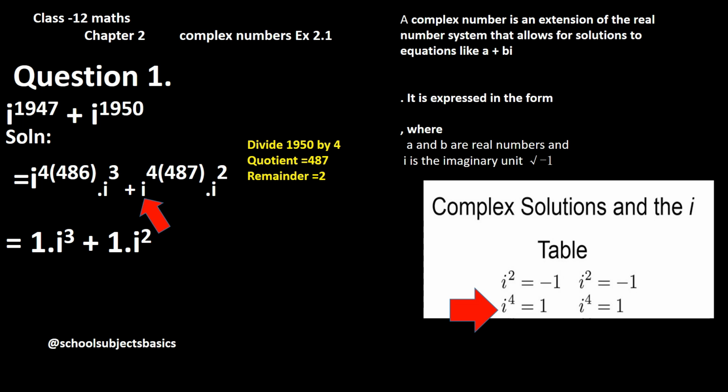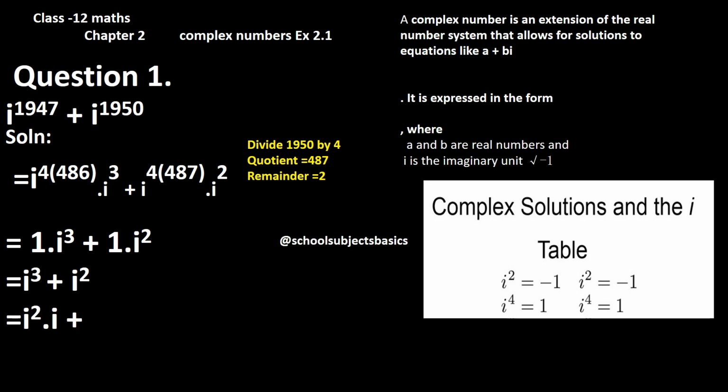How can this i^3 be written? We can split it as i^2 times i. So the next step is written as i^2 times i. From the table we know the value of i^2 is -1, so we can write directly times -1.